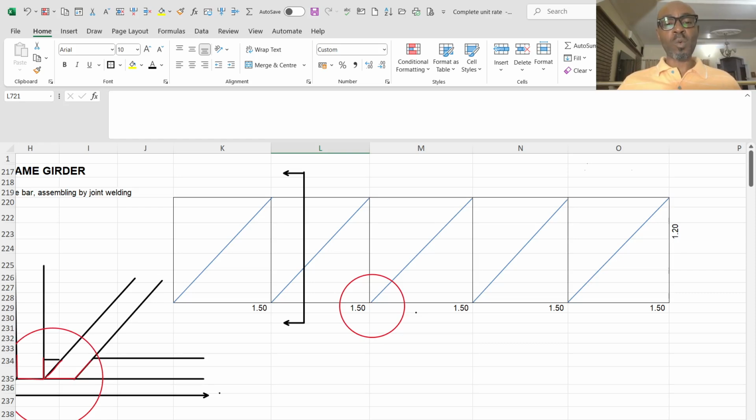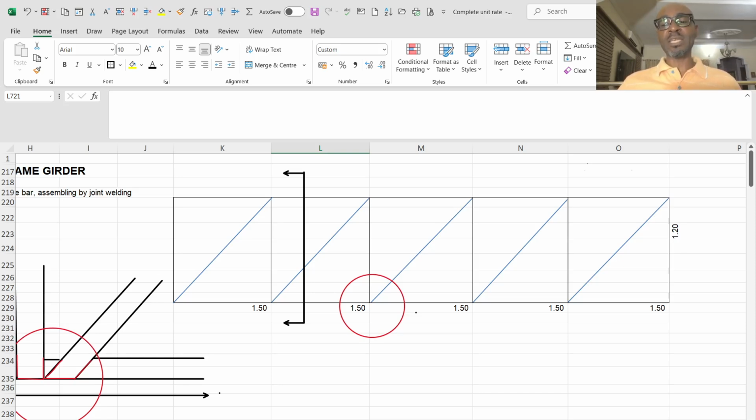On this episode, we shall be analyzing and building up unit rate per kg for steel structural frame.